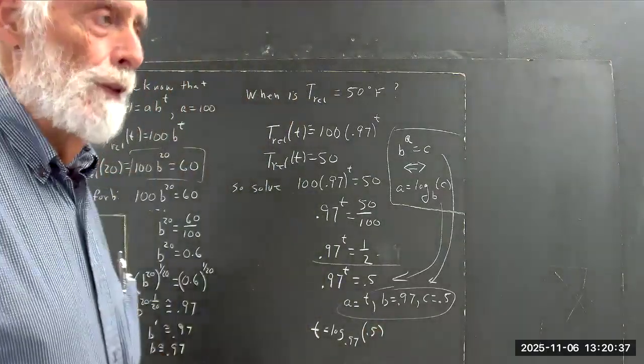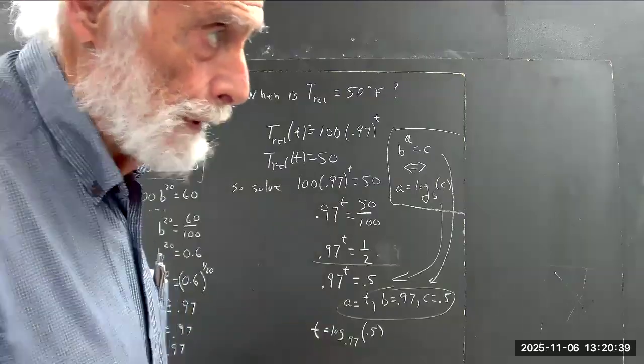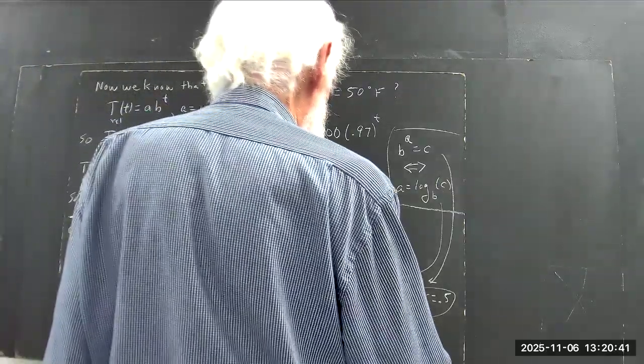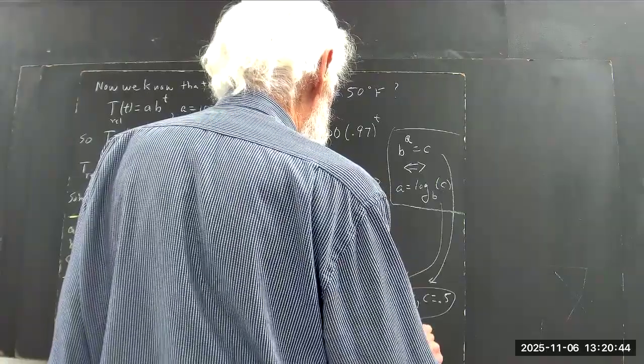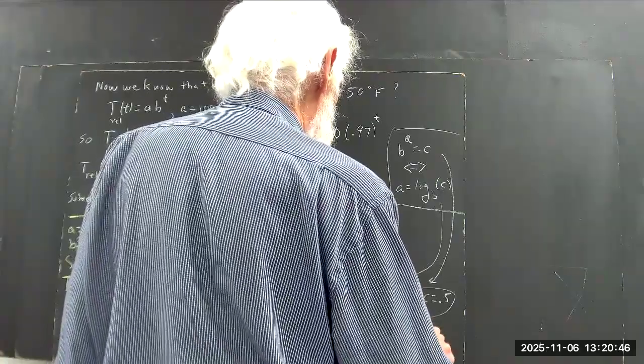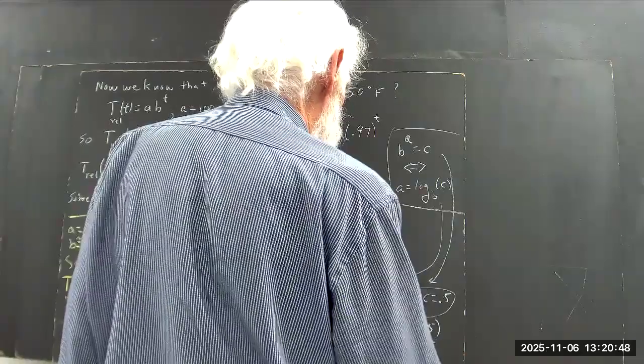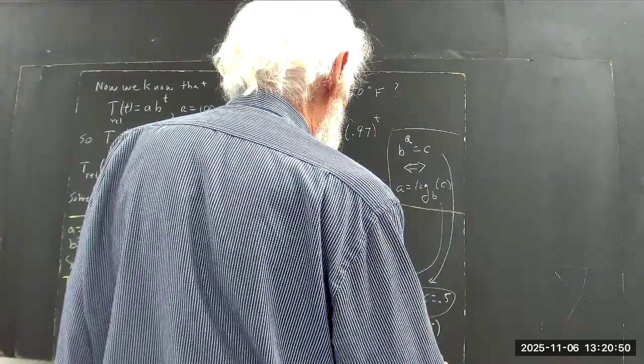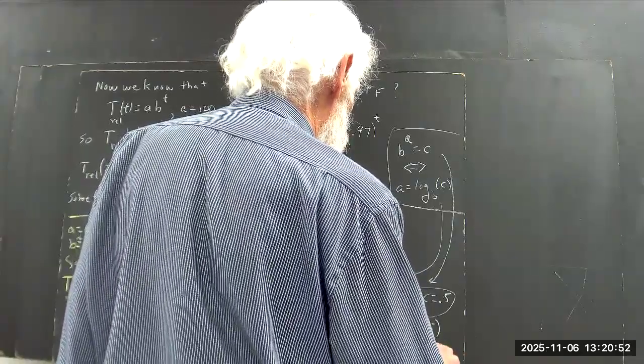Okay. Then using the rules of logs, which we talked about last time, this is the log of 0.5 over the log of 0.97.